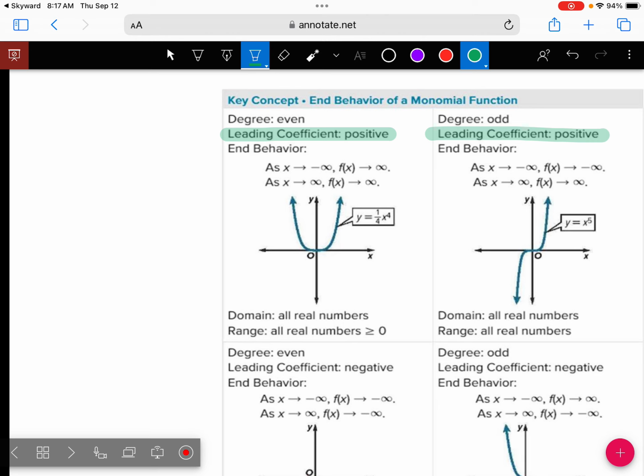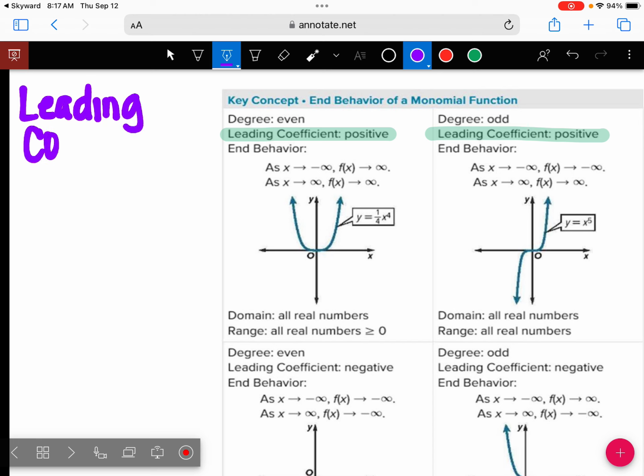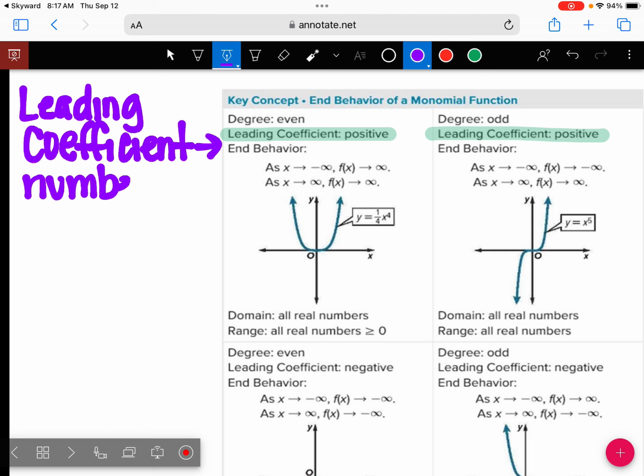But first of all, let's talk about what is the leading coefficient. The definition of leading coefficient: that's the number in front of the highest exponent.